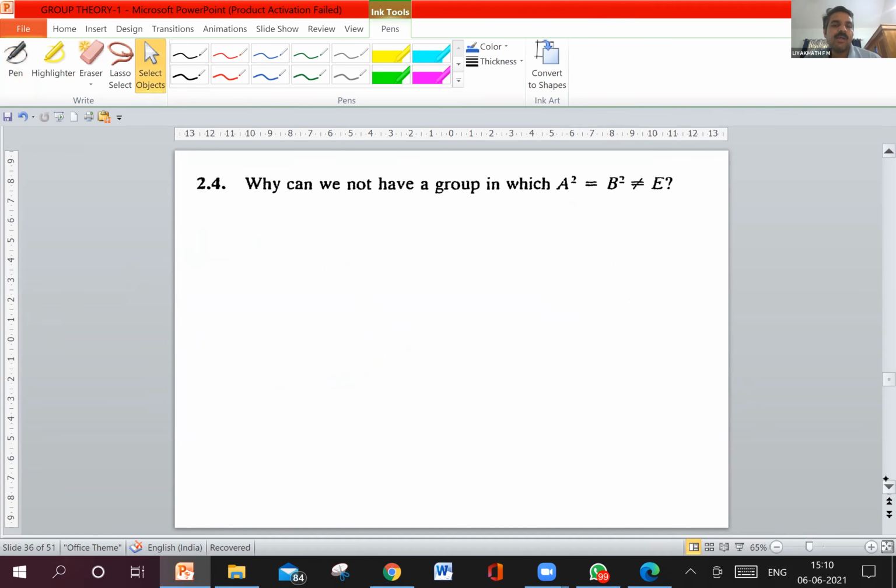And next question. Why can we not have a group in which A squared is equal to B squared, not equal to E? This is also taken from the Cotton textbook. Why can we not have a group in which A squared is equal to B squared, not equal to E?